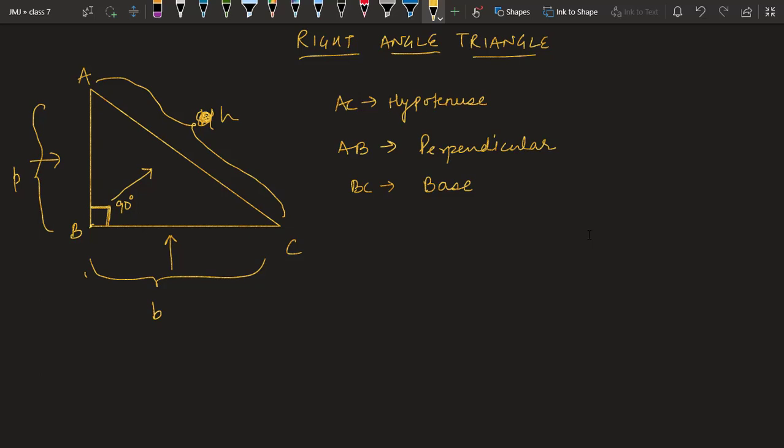So here the formula is known as Pythagoras theorem or formula, which is very simple.